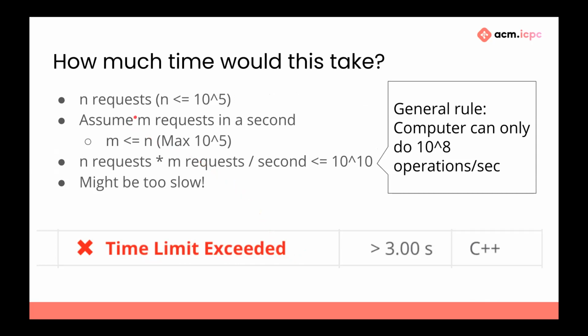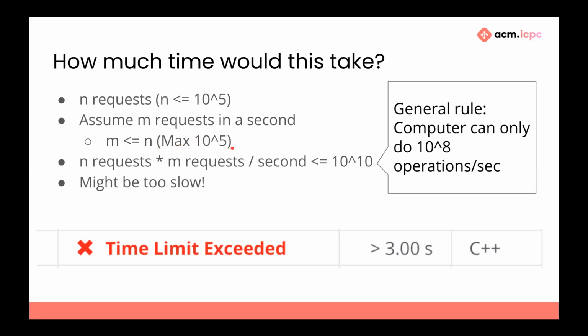So in the problem statement, they tell us that we have n requests, and n at maximum is 10 to the 5. And if we assume that there are m requests in a second, which is the amount of requests that we would have to scan through, we know that m can be at max n, which means that m can be 10 to the 5.